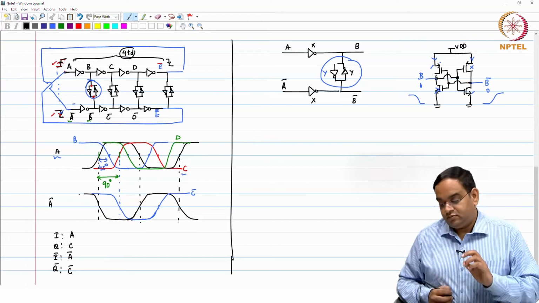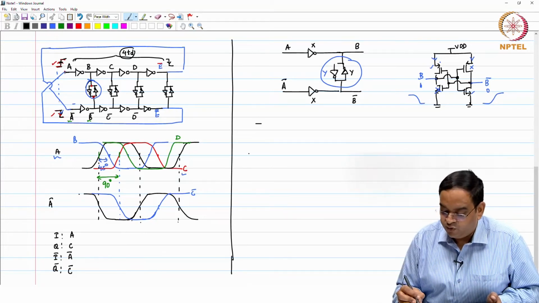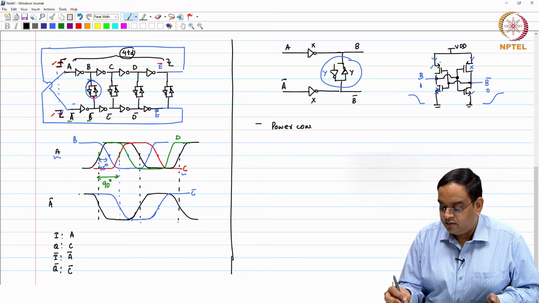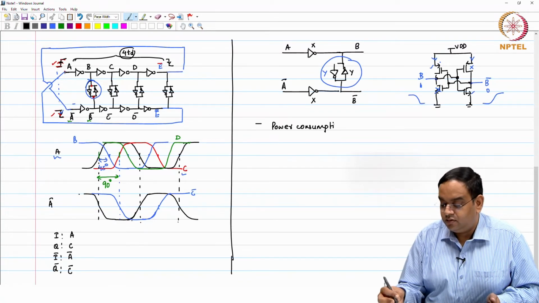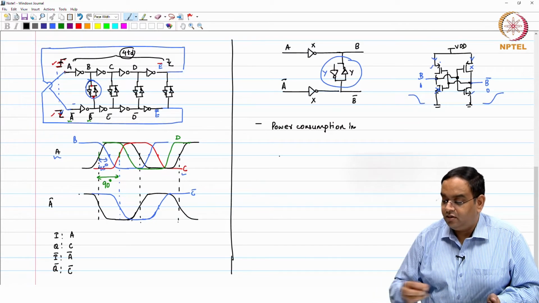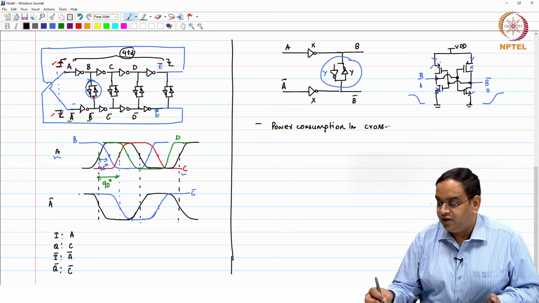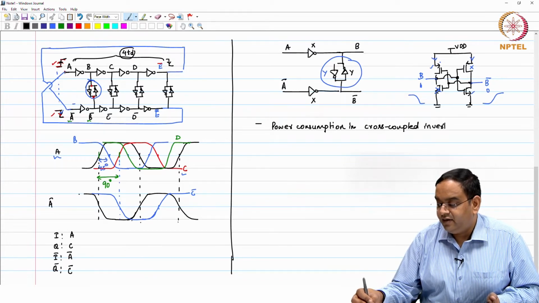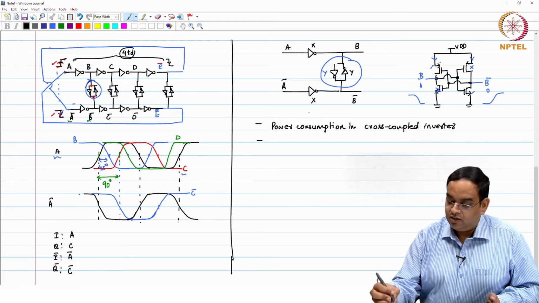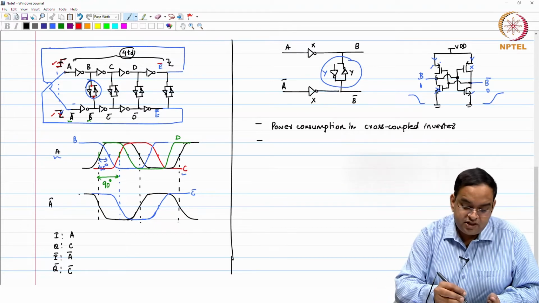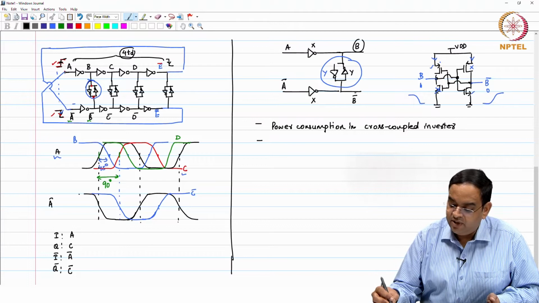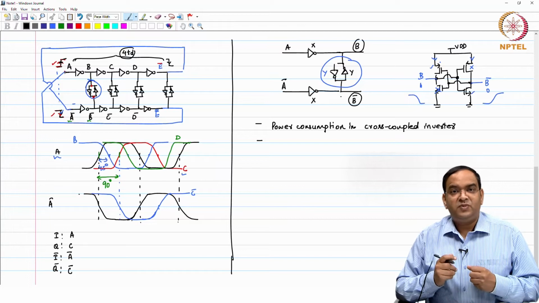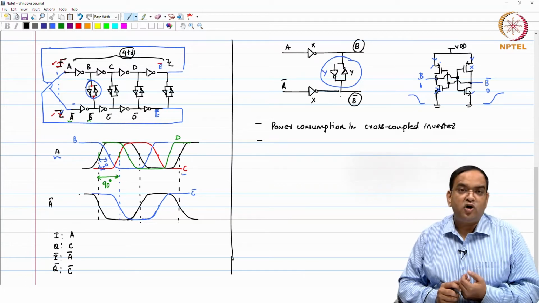Okay. So, let us look at two things. One, the power consumption in cross coupled inverter, that is one thing. And second thing is the relationship between B and B bar, whether B and B bar maintains perfectly 180 degree phase or not.